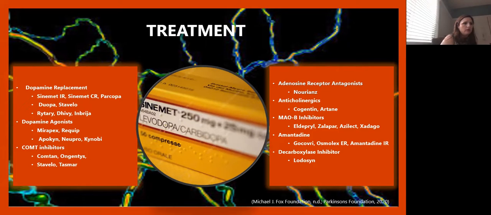All right, so anticholinergics, they can be helpful with the tremors and dystonia, but they have very little benefit with the other symptoms of Parkinson's. These medications decrease the activity of acetylcholine that regulates movement. Anticholinergics can be used alone or taken with any of the other therapies, and they typically work best to treat the tremor, especially in younger people.